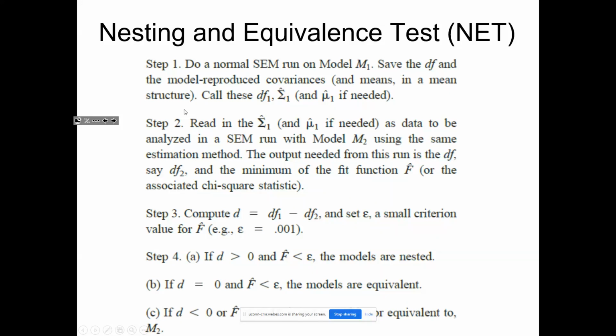I could take the same model and run it again and get a perfect chi-square, or take any nested model that has additional parameters and it's still going to fit perfectly. Yeah, that's exactly right. Does that make sense? All right. So that's the logic.